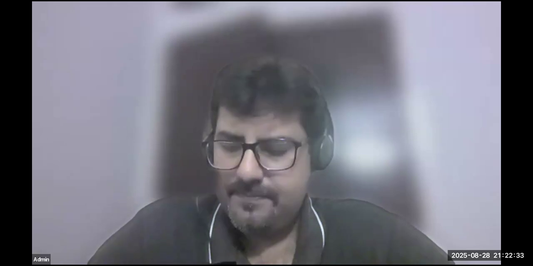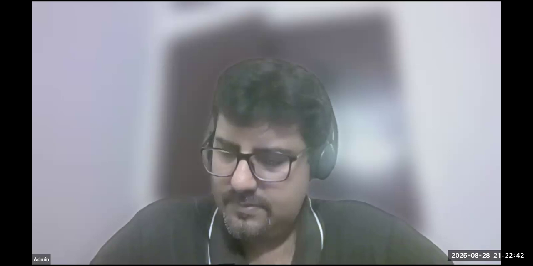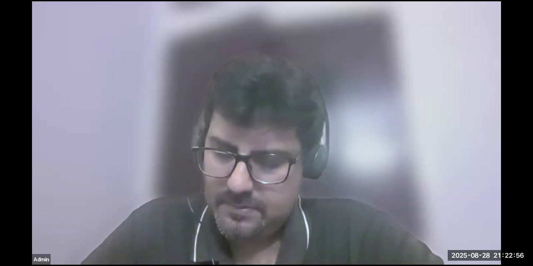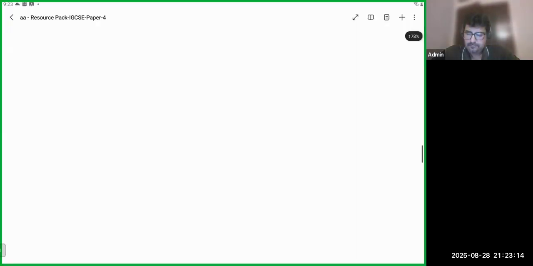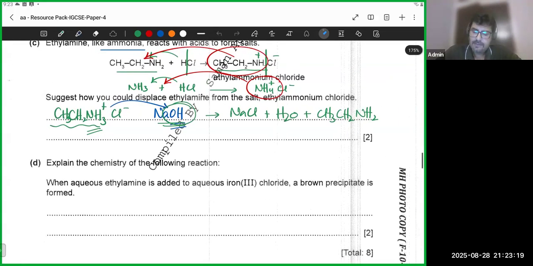So, but is this part clear? So basically, coming back to this, you'll get 1 mark for writing the base, and there's going to be 1 mark for stating that NaOH is going to accept the H plus 1.